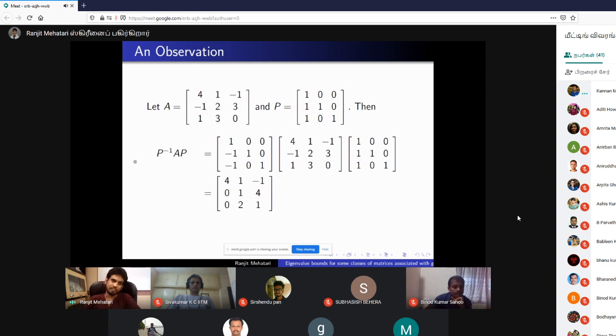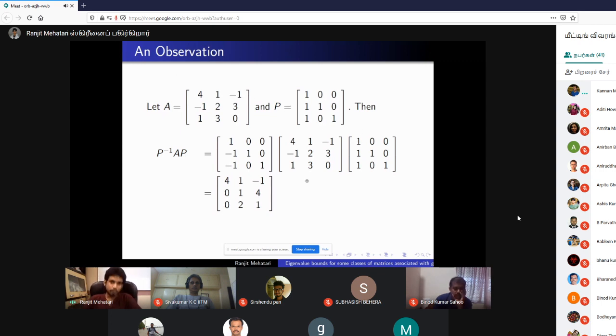After the multiplication P inverse AP, we get a block upper triangular form where the leading coefficient is 4, which is equal to the constant row sum of the matrix A.